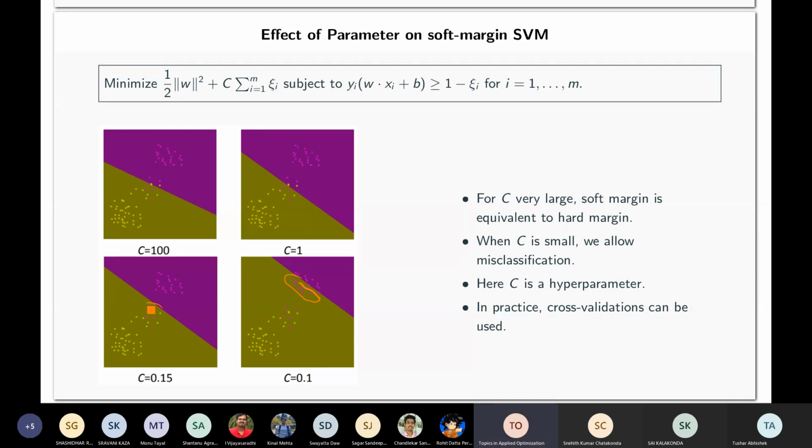So more pink are on this side, lesser pink on this side, and lesser pink on this side. So lesser and lesser misclassification is allowed. Okay, so the whole point, remember, was that soft margin is a soft margin. The more you soften, the more you are allowing for the misclassification, right?